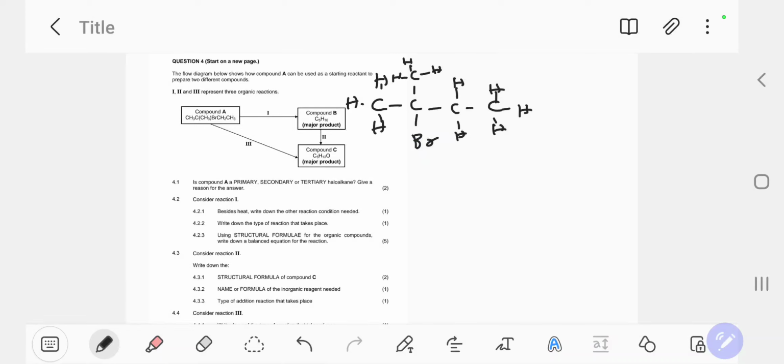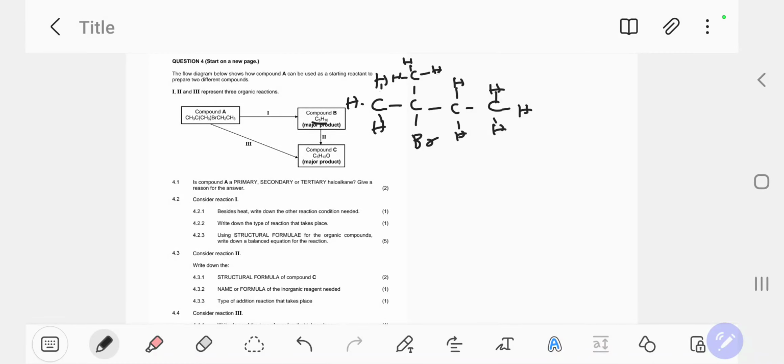And immediately you remember that you're dealing with a haloalkane, you need to quickly think about the reactions that haloalkanes can undergo. Looking at reaction 1 there, you can see that we're going to produce an alkene. So producing an alkene from an alkane means we need to have double bonds in between there.